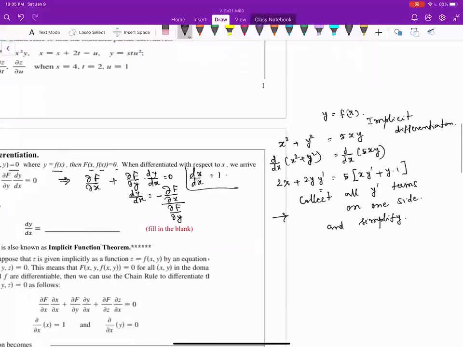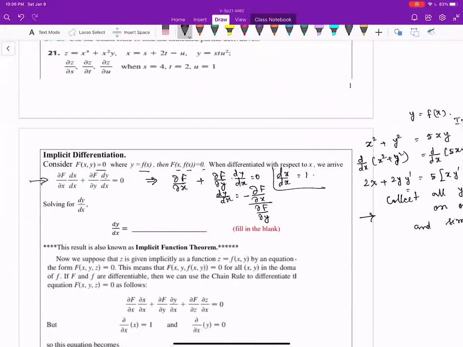So dy by dx equals negative partial derivative of F with respect to x over partial derivative of F with respect to y, which you can write as negative F sub x over F sub y. This result is also known as the implicit function theorem.